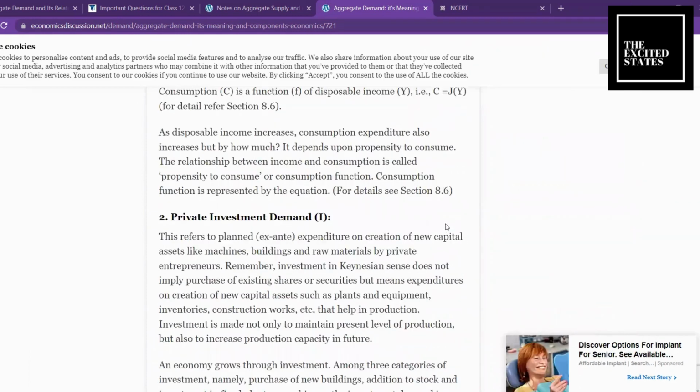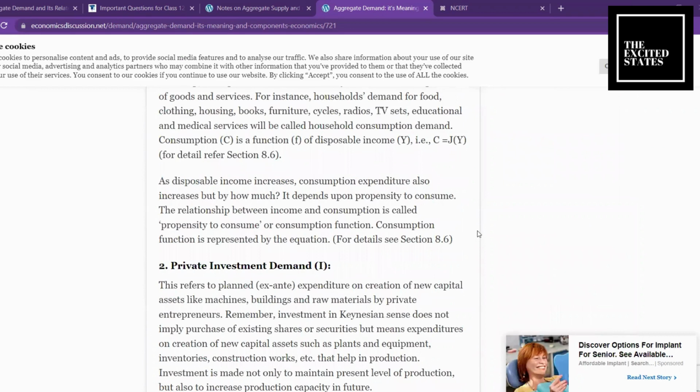So basically, if we are talking about money, or about aggregate demand, it is not compulsory that whatever income a person has, they spend all their money on consumption.